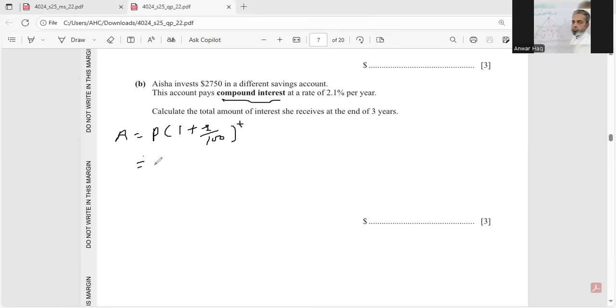So your P is 2750 times 1 plus R is 2.1 over 100 whole power 3. So this is 2750 times 1.021 whole power 3.